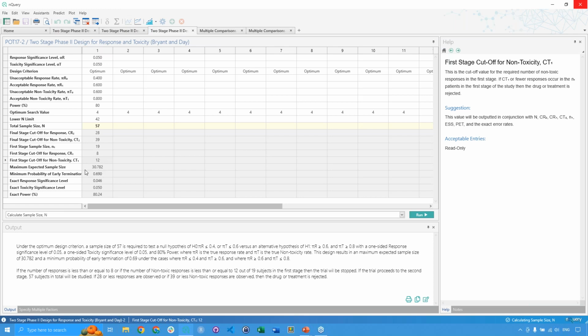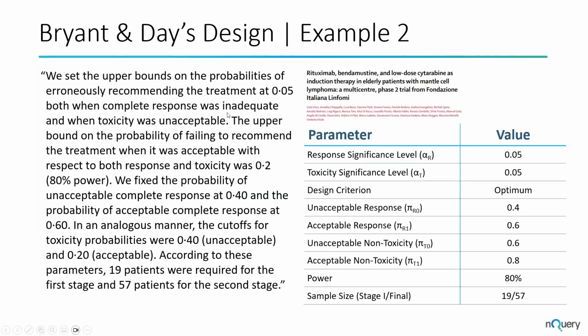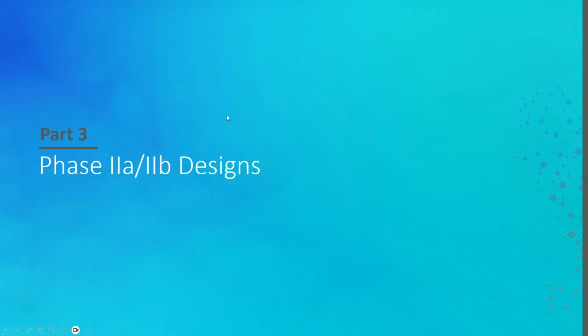And again, here you have the maximum expected sample size and the minimum probability of early termination as well, provided. So with that, we can switch back over to the slides and we can continue on to our next part of the webinar, which is Phase IIa, IIb designs.